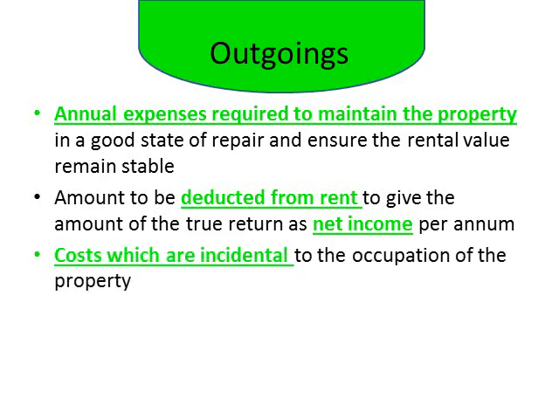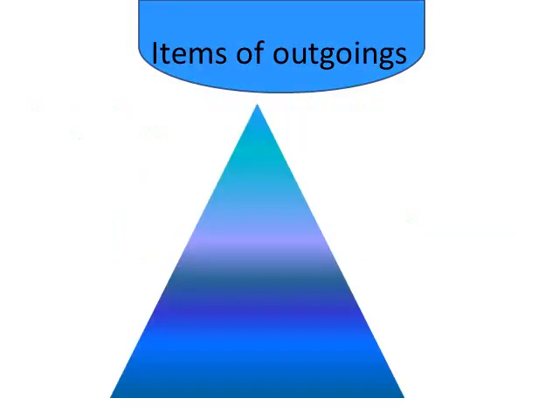Outgoings is also known as a cost which is incidental to the occupation of the property. So if you own or you occupy the property, you need to bear the outgoings. That's why we call it an incidental cost.